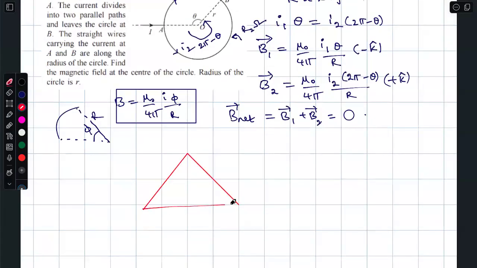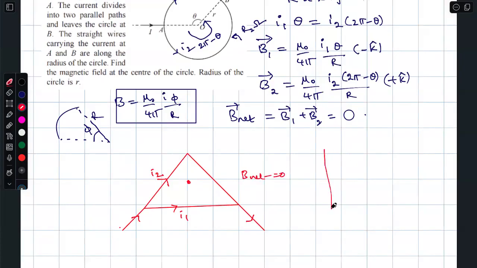you have an equilateral triangle like this. Now current enters here and current leaves here. Okay, this is I1, this is I2. At the geometric center, here also B net is 0.